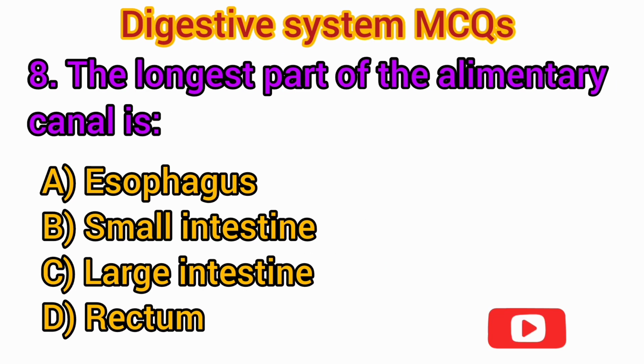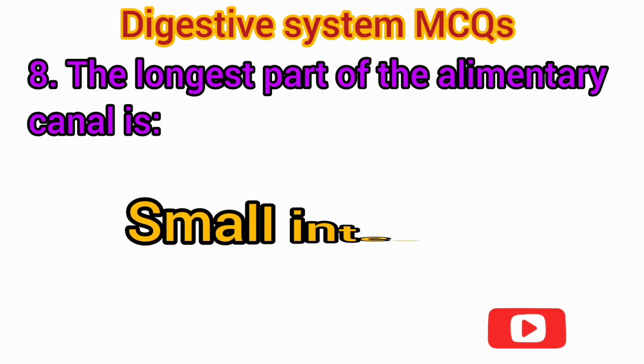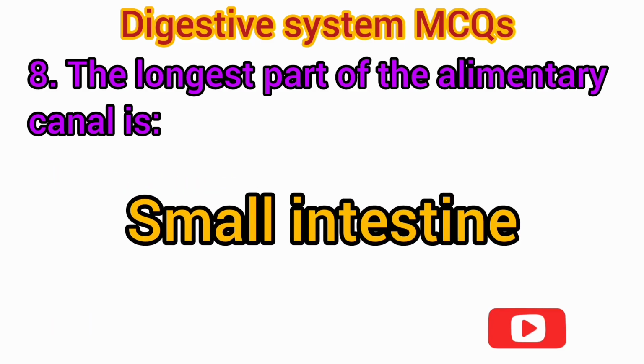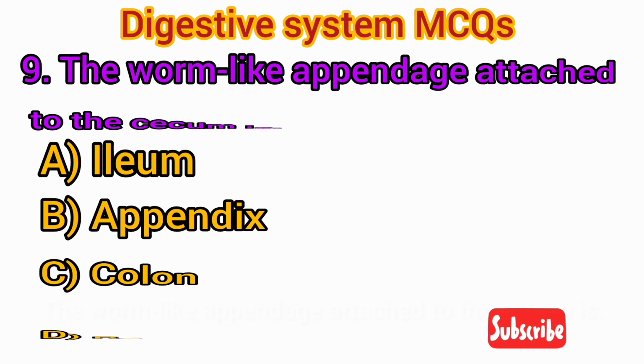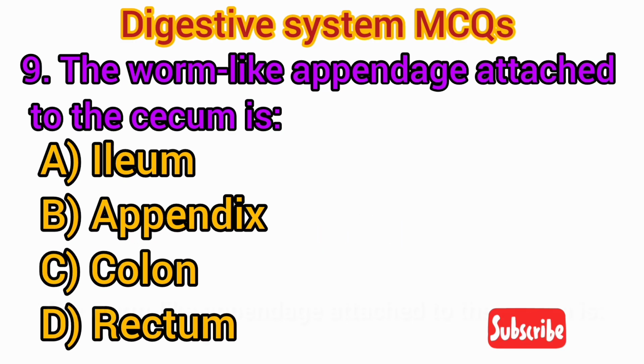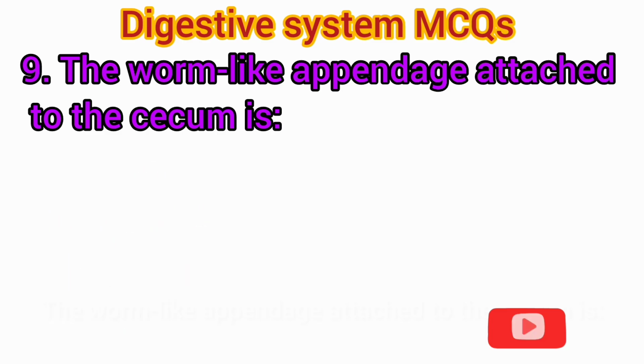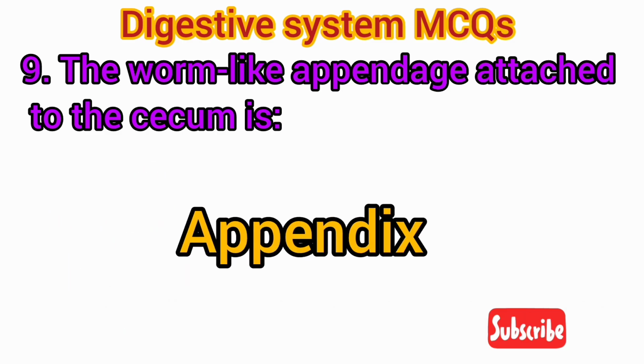The longest part of the alimentary canal is... small intestine. The worm-like appendage attached to the cecum is... appendix.